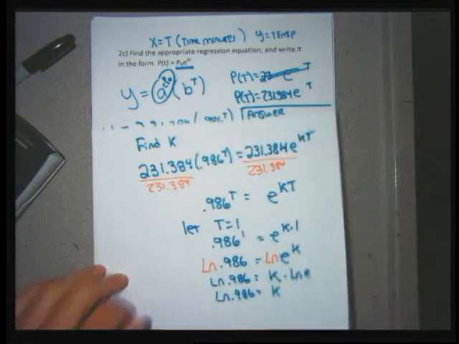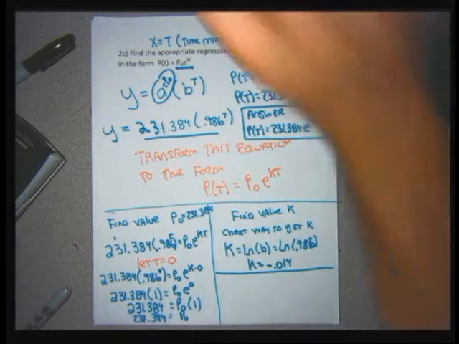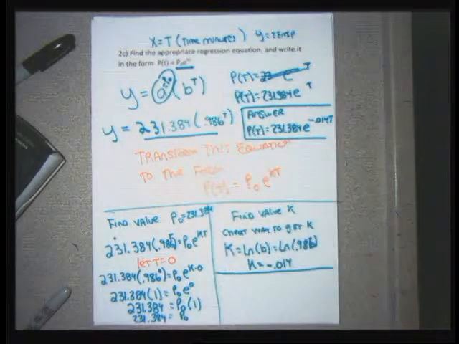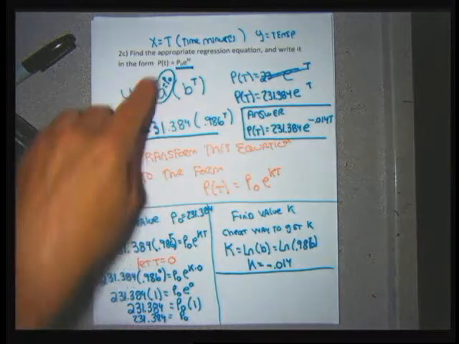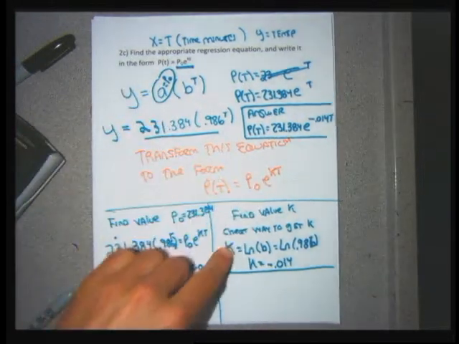So for each of the first few problems that I do, at some point we're going to be asked to find an appropriate regression equation, and for the exponential regression that my calculator does, it doesn't give the formula in such a nice form. We'll transform that equation that my calculator gives me by using the fact that a is going to be p naught and k is going to be the natural log of b.